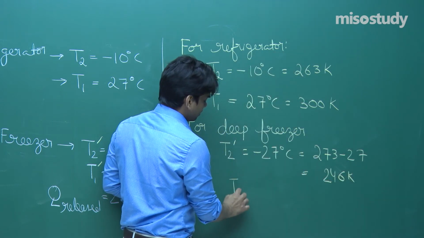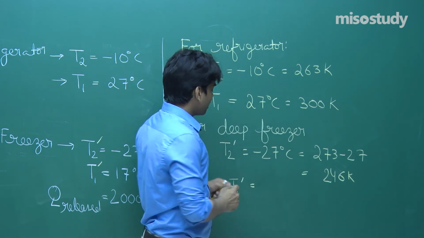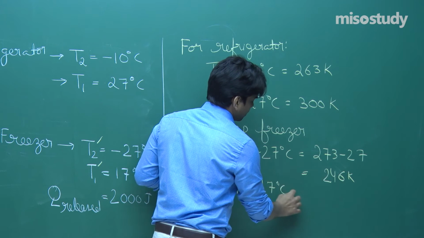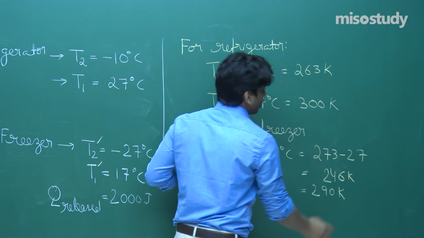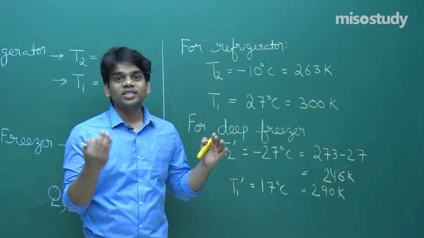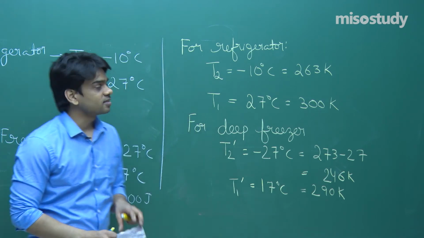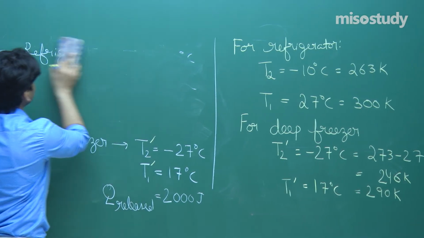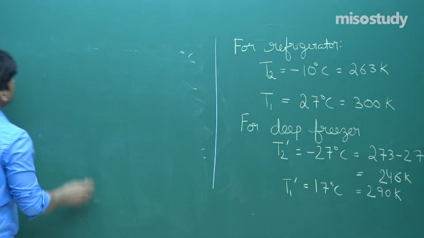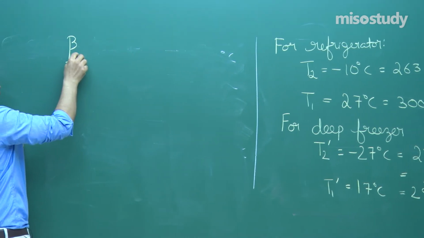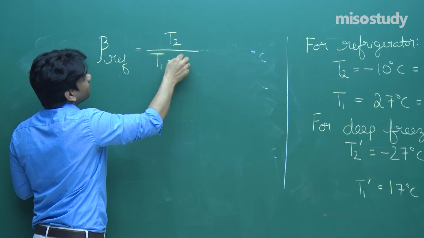And T1 dash, that was 17 degrees Celsius, so 273 plus 17, that will be 290 Kelvin. So I have given you the temperature range between which they are working. The formula for efficiency is T2 upon T1 minus T2. So efficiency of refrigerator will be T2 divided by T1 minus T2.